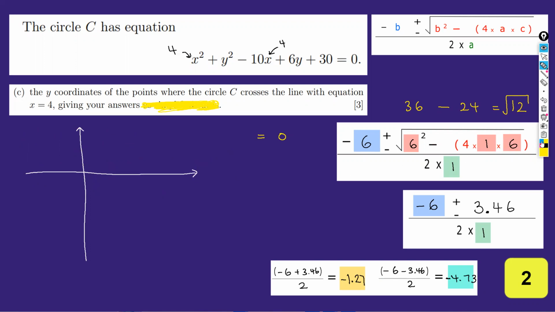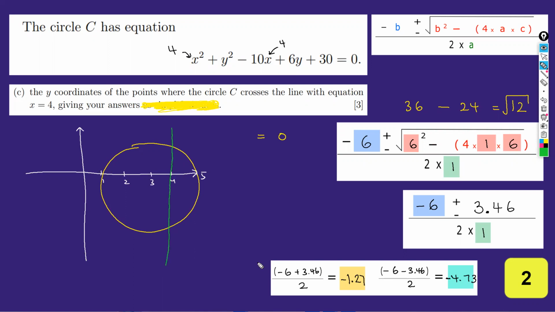So apparently there's a circle, and here is 1, 2, 3, 4, 5. The line x equal to 4. I don't know if you all remember this from maths. The line x equal to 4 is a vertical line going through what? 4, right?